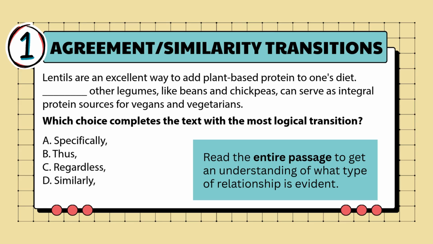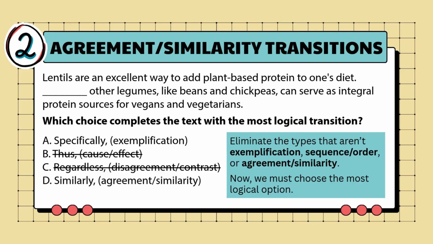You also know you will only be tested on three types of transitions: exemplification, sequence order, or agreement similarity. So you will be focused on searching for these types only. Let's read the passage again with the blank. Lentils are an excellent way to add plant-based protein to one's diet. Blank. Other legumes, like beans and chickpeas, can serve as integral protein sources for vegans and vegetarians.